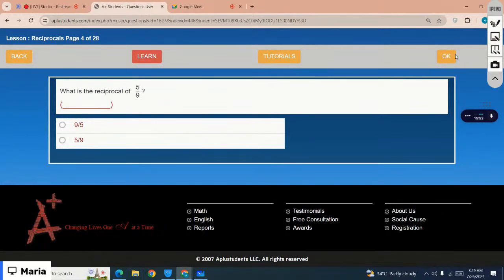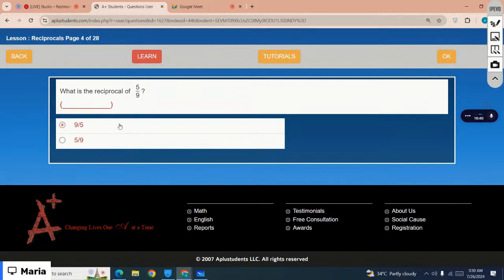What is the reciprocal of 5 over 9? Which is the correct option? Yes, that is 9 over 5, sorry.